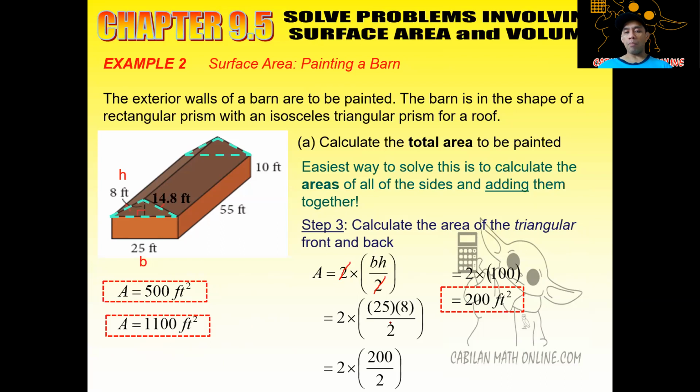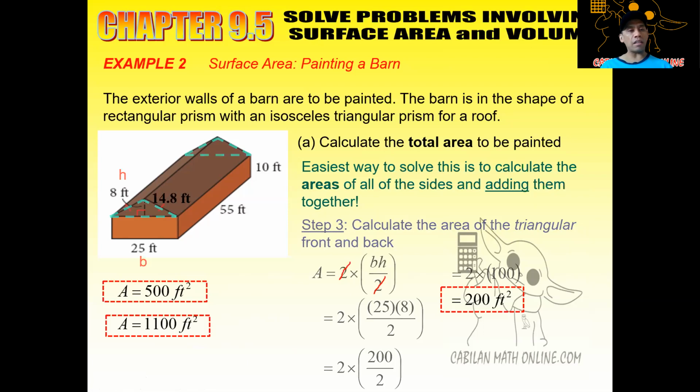So if you just took the 25 times 8 and multiplied these two together, you would still get the same answer. I want you to see mathematically that there are different ways to do it. I'm just presenting you with another way to see it, just in case some of you saw that right away. So we've calculated the area of the triangular faces.